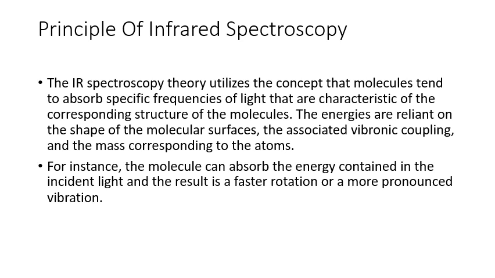That is why the word characteristic is used. The energies depend on the shape of the molecule, the associated vibronic coupling and the mass of the corresponding atoms. For example, the molecule can absorb the energy contained in incident light and the result is a faster rotation or more pronounced vibrations. This depends on the molecule.